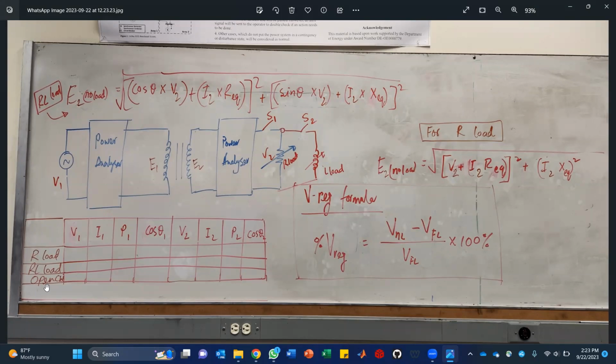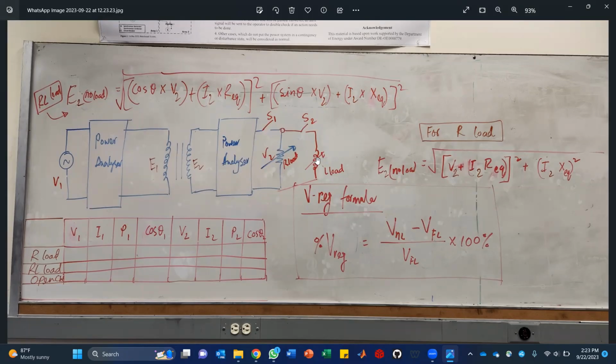We'll test it with that setup. With R load, S1 will be on. In that case, the current will circulate only through the R load. And for the RL load case, we'll switch this on as well.